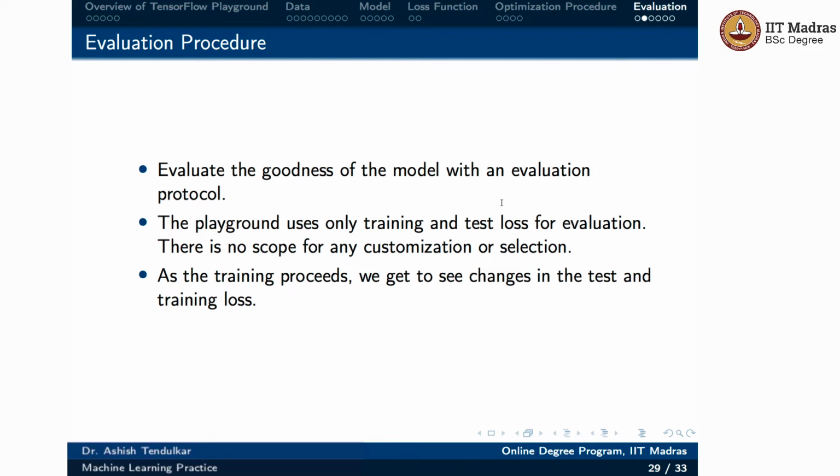As the training proceeds, we get to see changes in the test and training loss. Why? Because as the training proceeds, we get new weights, and because of new weights, we get different predictions that result in different losses. We also studied this in the previous video while looking at the bigger picture of a machine learning component framework.